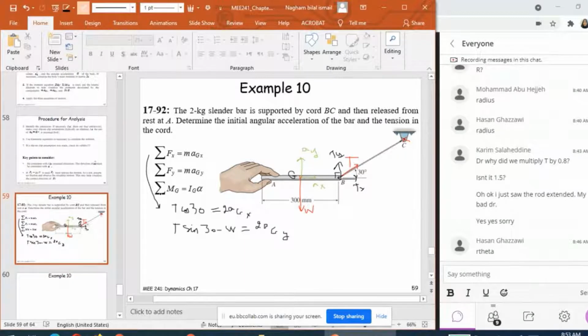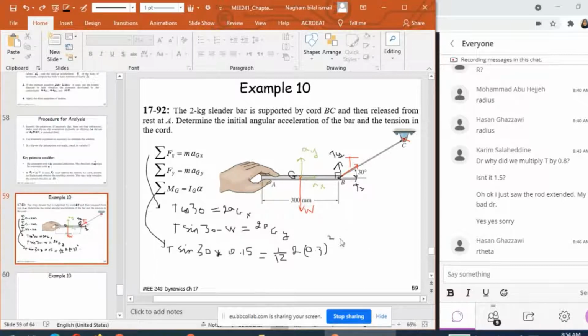So the sum of moments around G will give me T sine 30 times 0.15 is equal to Ig, which is 1/12, sorry, m times 0.3 squared plus m... oh no, why?